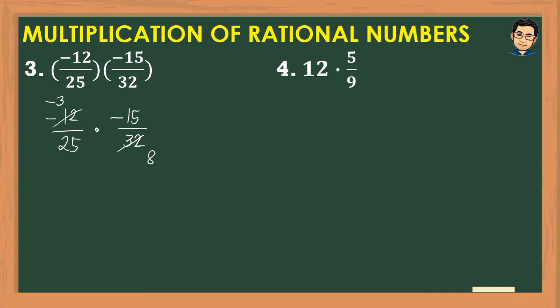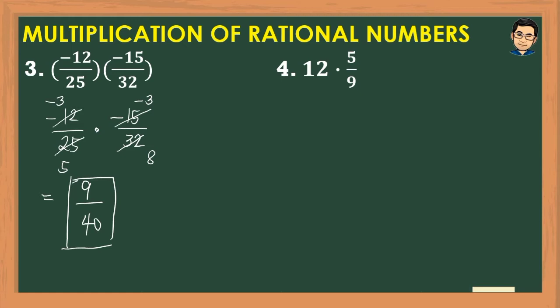The GCF is 5. Negative 15 divided by 5 becomes negative 3, and 25 becomes 5. Now let us multiply the remaining factors. Negative 3 times negative 3 is positive 9, and 5 times 8 is 40. So our final answer will be 9 over 40.